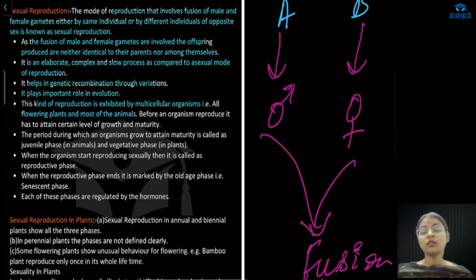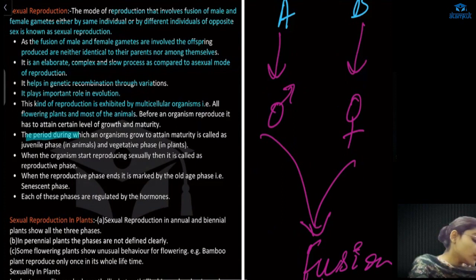Means what kind of animals and plants are showing this? Those who are multicellular and higher in their hierarchy will be able to reproduce through sexual methods. Then the period during which an organism grows to attain maturity is called the juvenile phase or vegetative phase. Juvenile phase in animals and vegetative phase in plants.